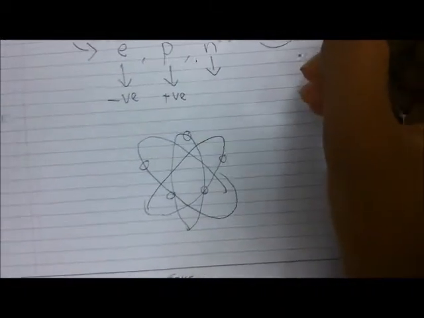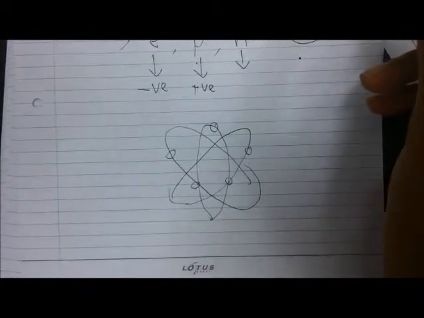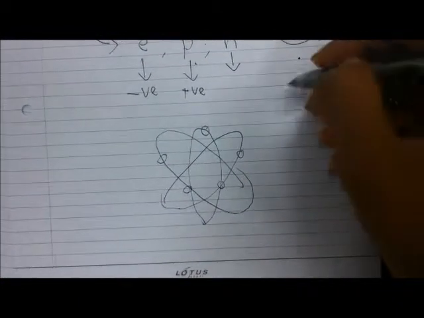Actually particles move in a specifically classified movement called Brownian movement.